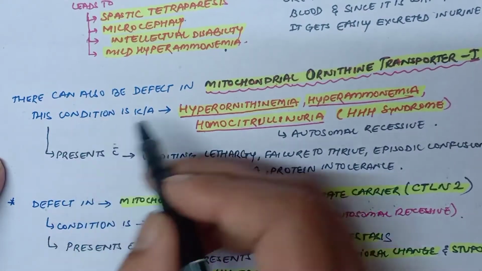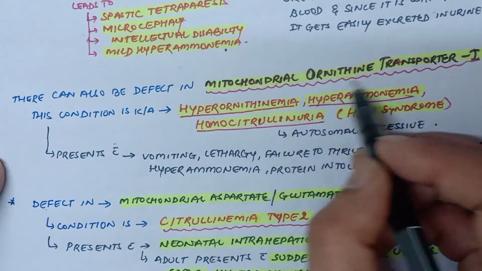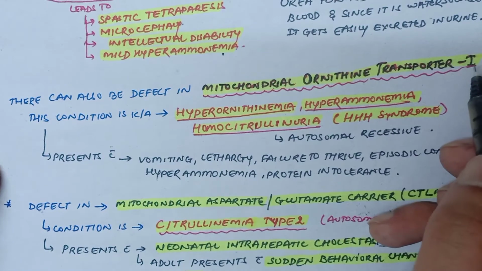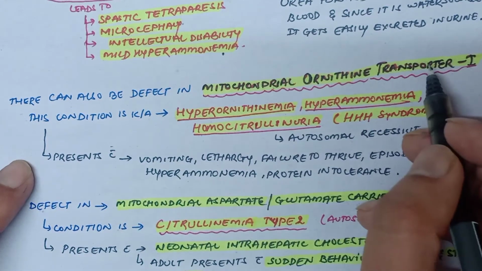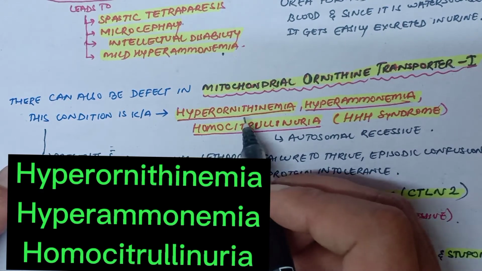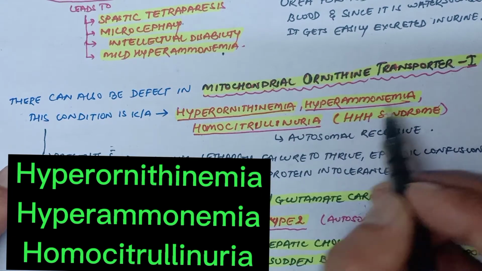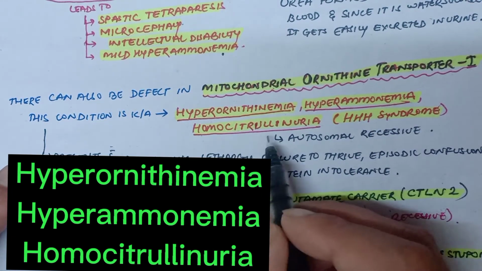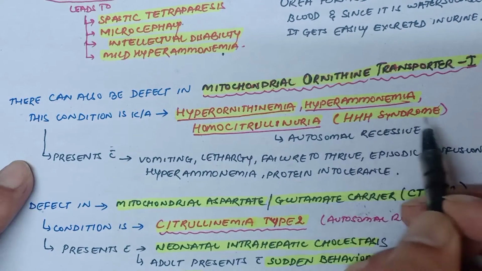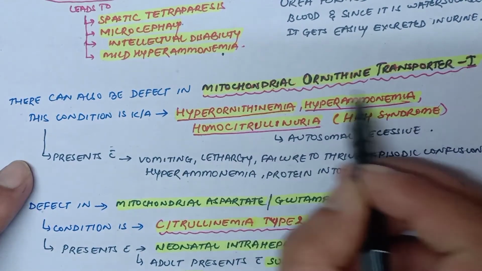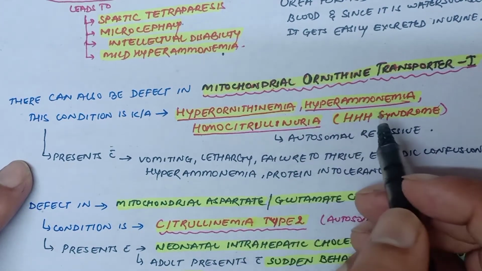There can also be a defect in mitochondrial ornithine transporter type 1. And this condition is known as hyperornithinemia, hyperammonemia, homocitrullinuria, and that is known as HHH syndrome. This is also an autosomal recessive disorder.